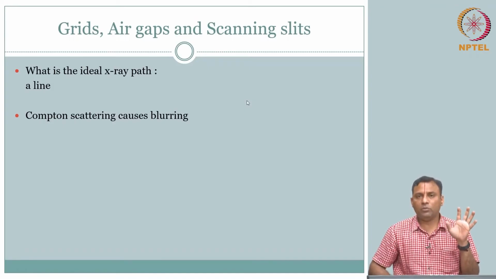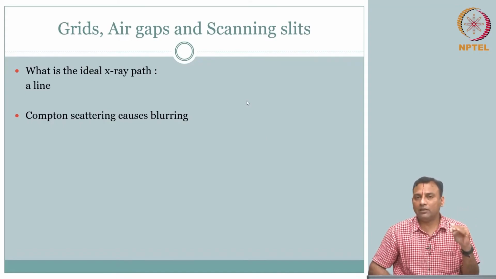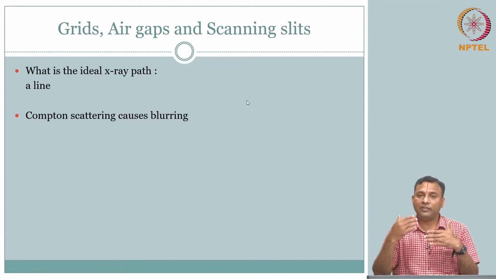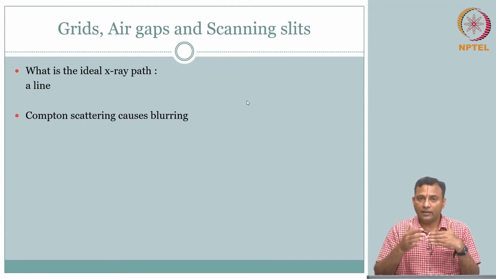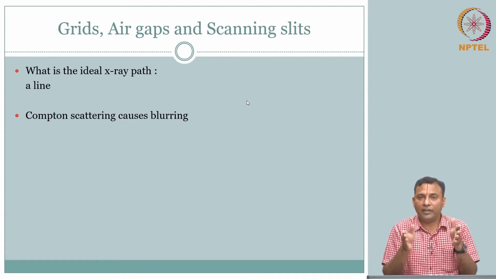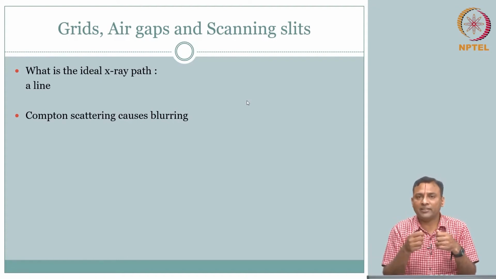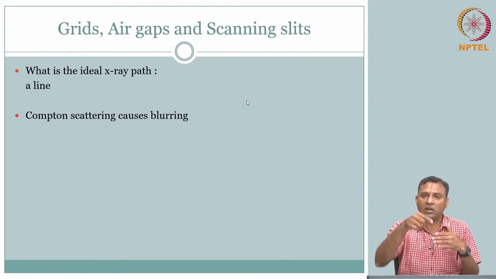We talked about this before. So it's an undesirable aspect and we need to reduce it. How do we reduce it? Maybe we don't want to collect that in the detector. Before it hits the detector, we want to make a kind of a filter again, right? Some kind of gating mechanism. I will only allow those coming along the straight line.